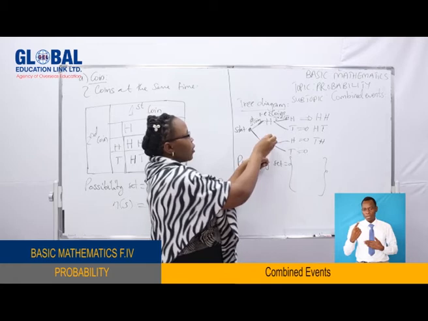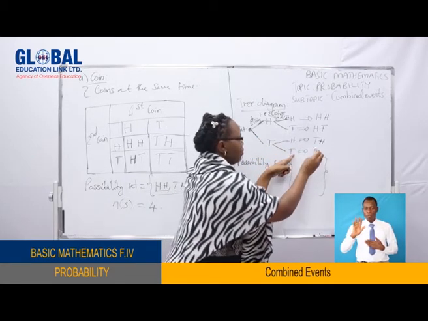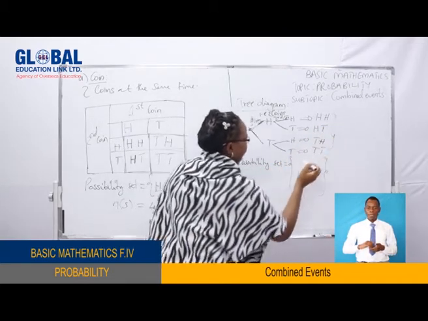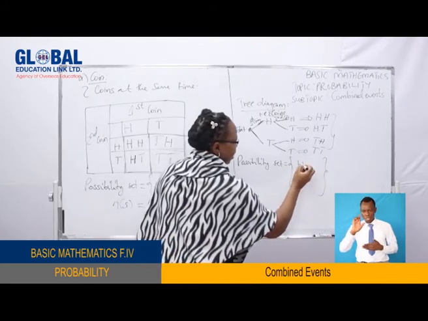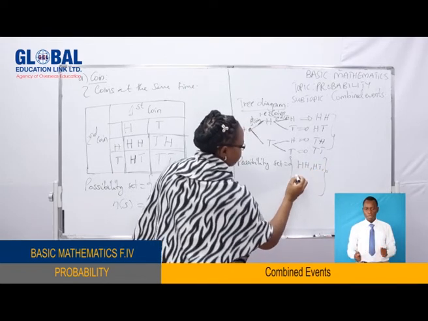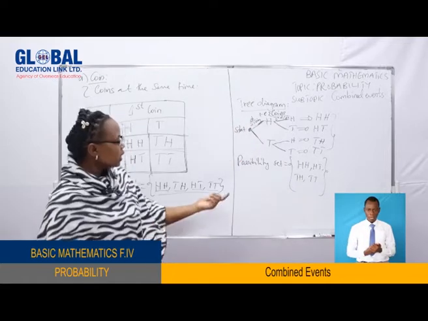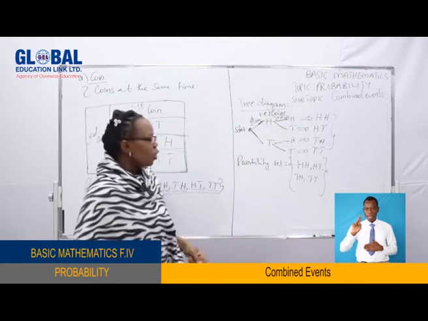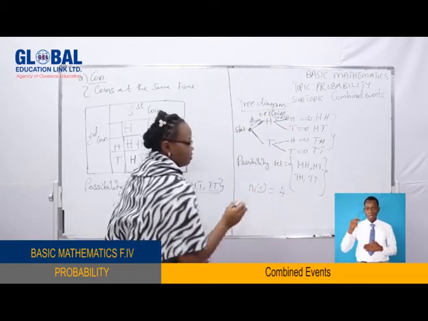The first coin shows tail, then the second one shows tail, then it will be TT. So these are our possibility set: HH, HT, TH, TT. This is the possibility set by using a tree diagram. Also, the number of sample space will be the same, which is equal to 4.